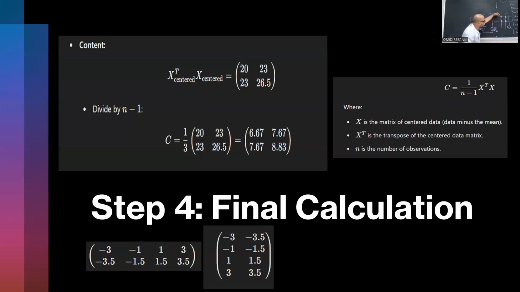If I want to stand on top of this, what is the address of this element? I'm going to call this one C, the first one, because that's a covariance, I call it C. What is the address of that element? Which row? 1. The column 1. Then the address is C1,1.